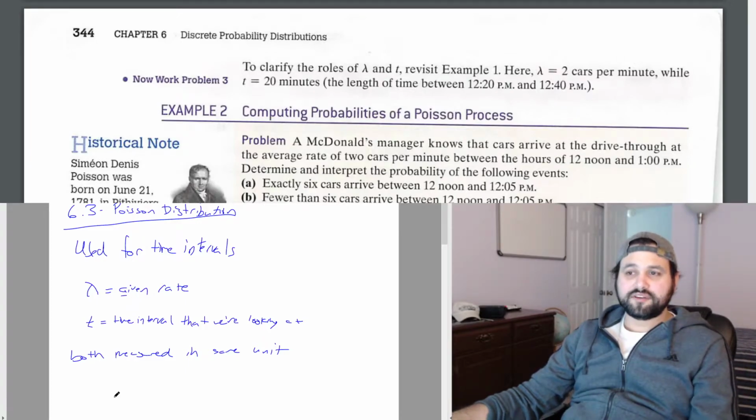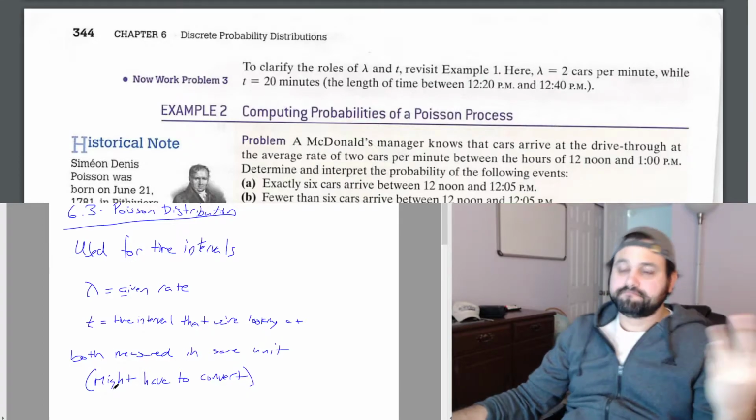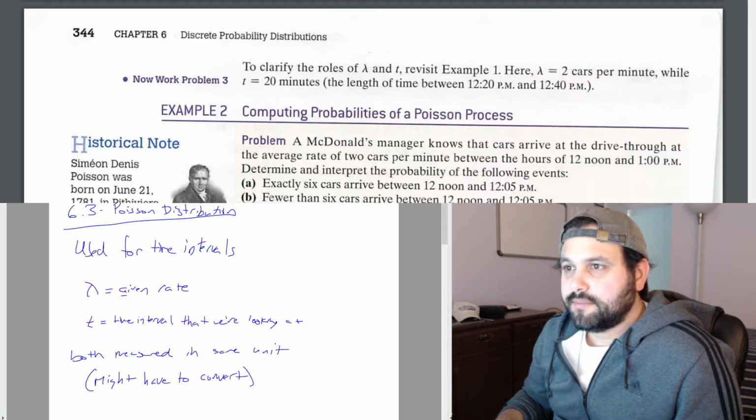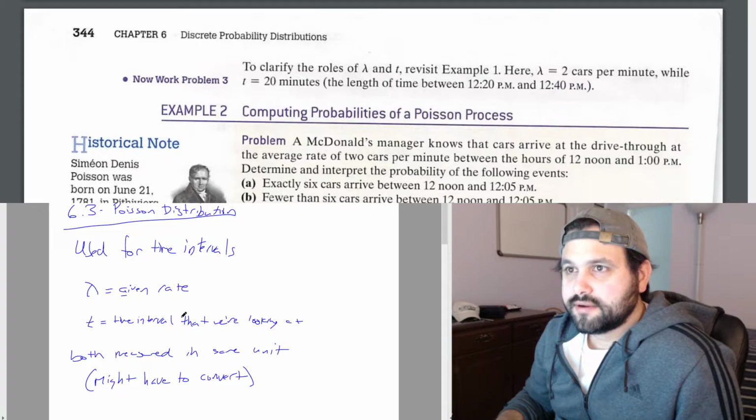So we might have to do some conversion, but the idea is that they both have to be the same. Okay, good.